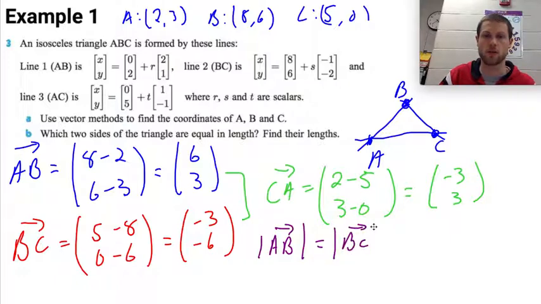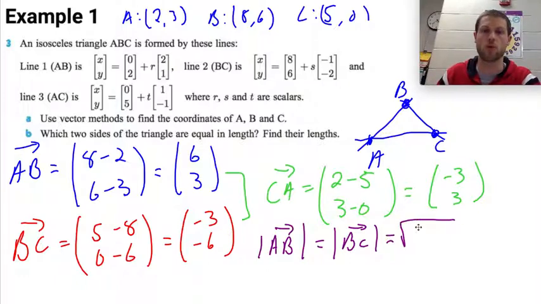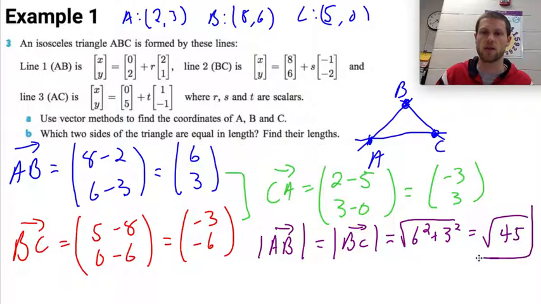Hopefully you can see why that's so apparent. The components are all the same size. So let's find what the actual magnitude is. That's the square root of 6 squared plus 3 squared, which is equal to the square root of 36 plus 9, so the square root of 45. That is the length of AB and BC, which are equal in magnitude. Check.